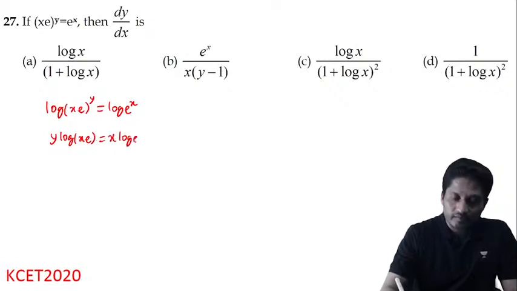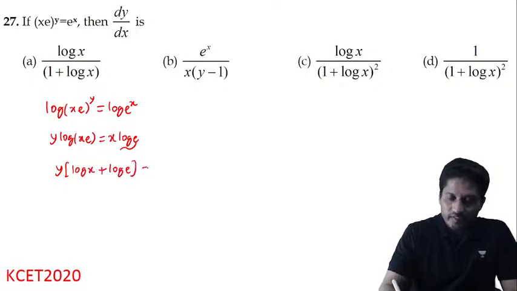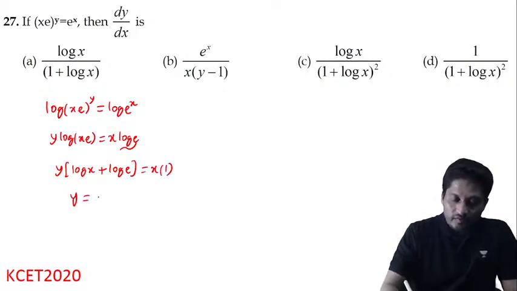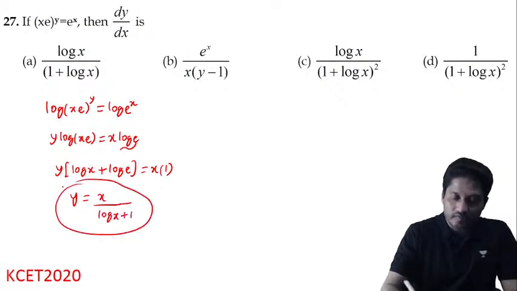Log e is 1. Y into a bracket log m into n is log m plus log n, that is log x plus log e is equal to x into log e is 1, y is equal to x divided by log x plus 1, again log e is 1. This is y.